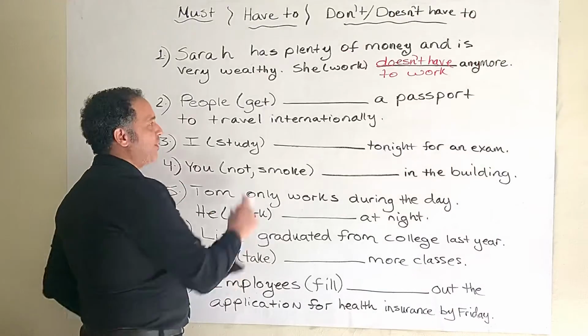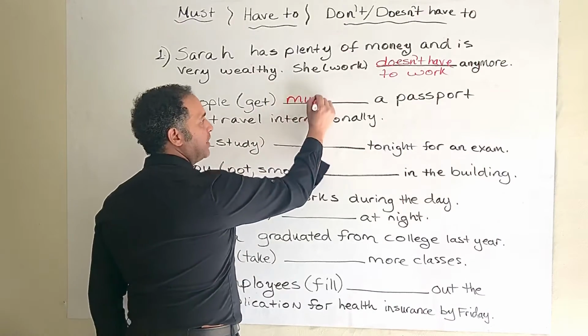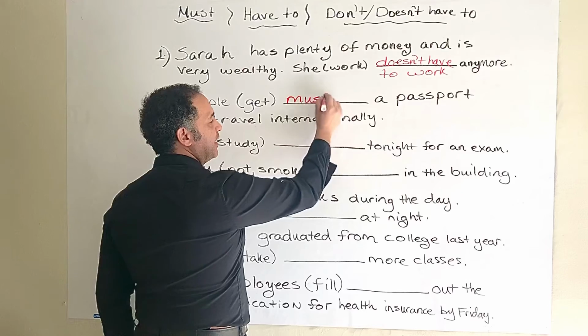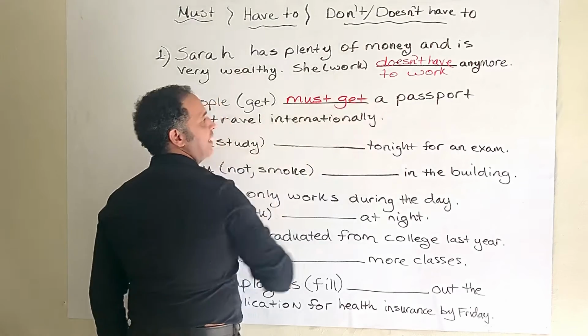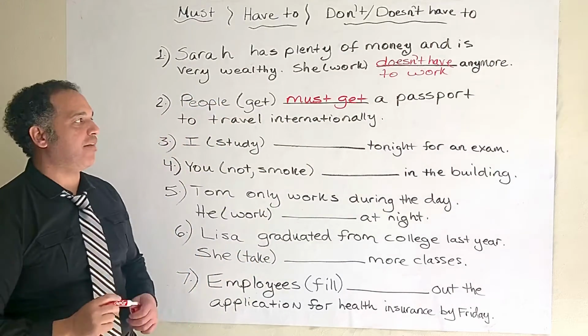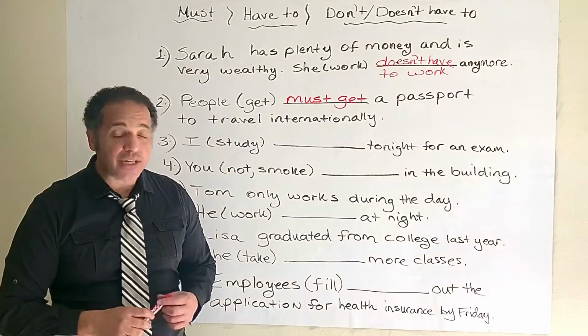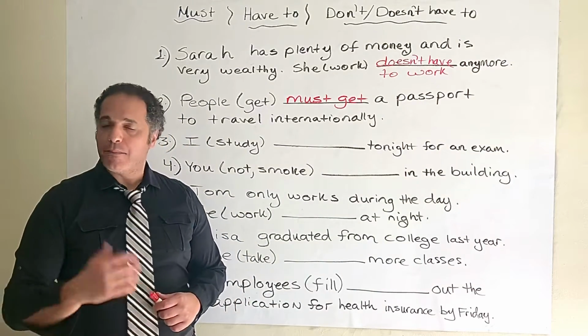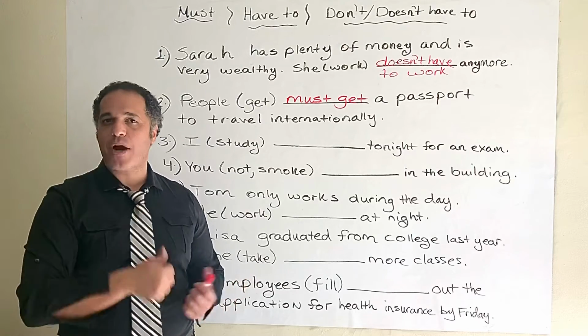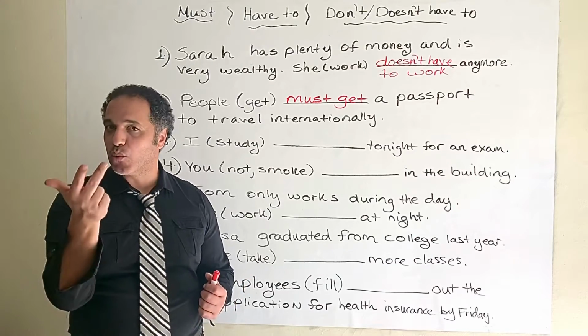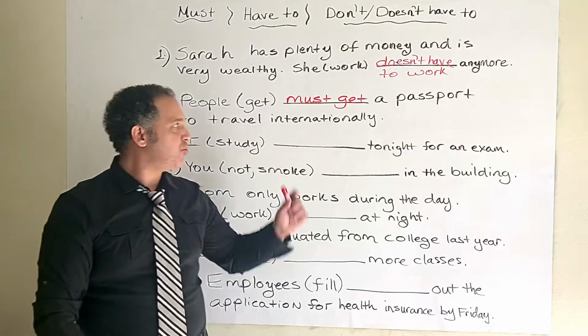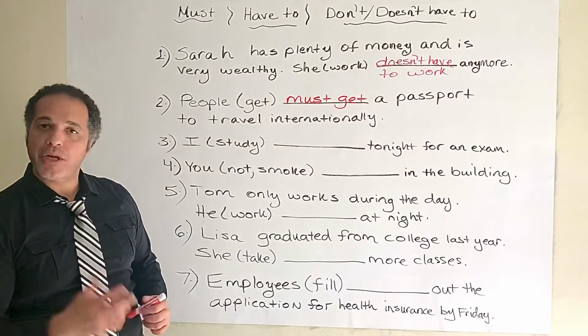So we're going to say people must get a passport to travel internationally. Now again, can I say have to get? Sure, you can. But a passport, again, that's a requirement. That's a law. That's a rule. In those instances, we usually go with the modal must.